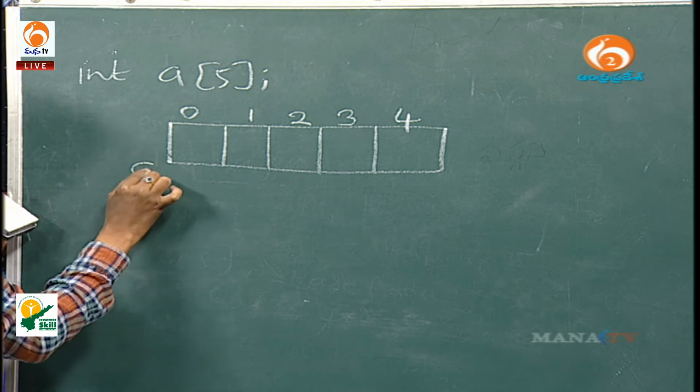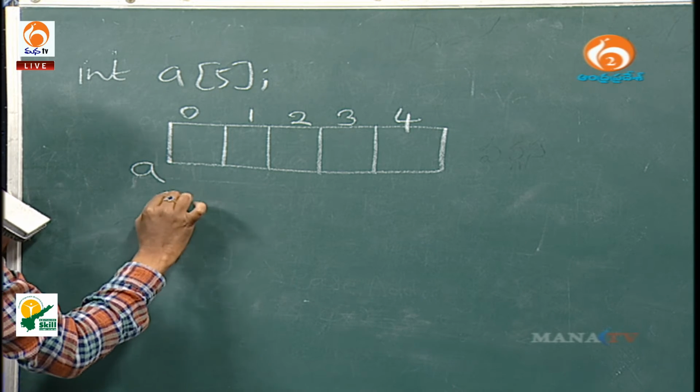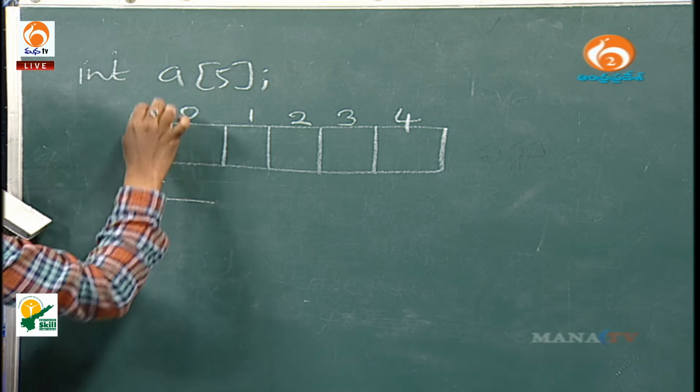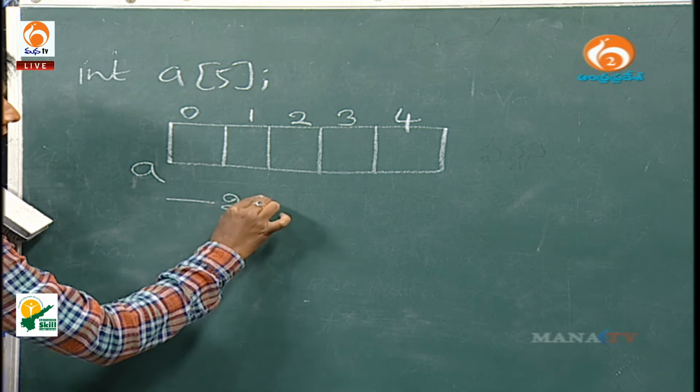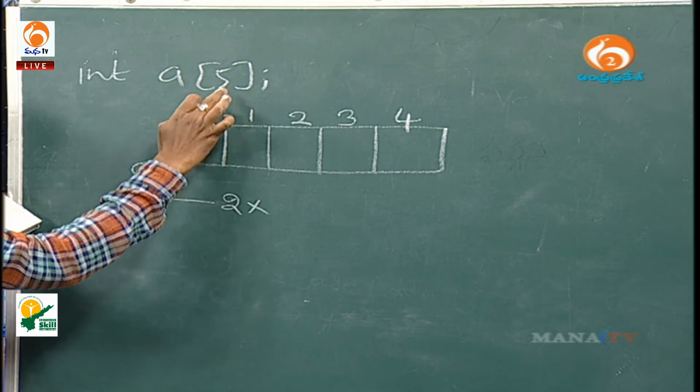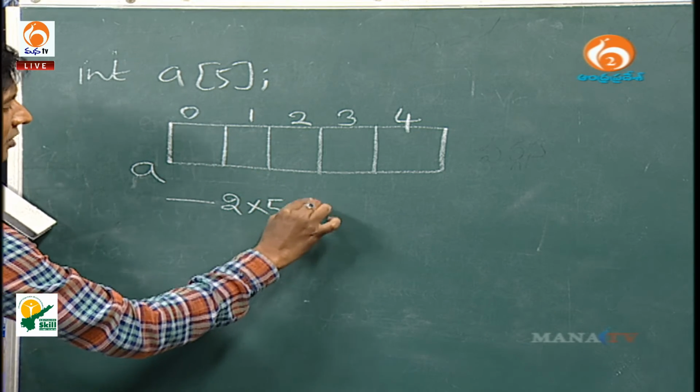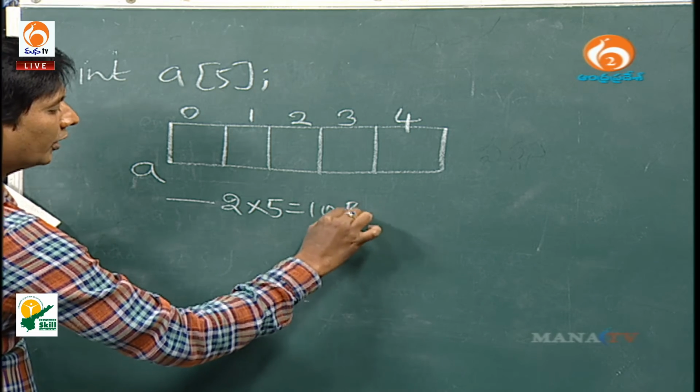So this is the name of the array. How much does it occupy? The data type int means each integer variable occupies 2 bytes, 2 times the size of the array, that is 5, so a total of 10 bytes of memory is allocated.